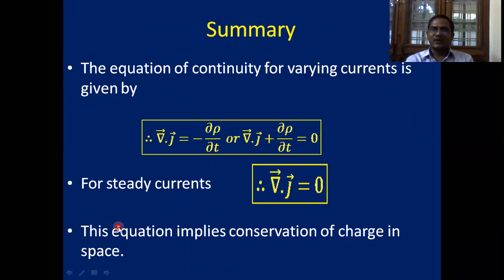This is an important equation from the entrance exam point of view. The divergence of J equals 0. If the divergence of any vector is 0, then that vector is said to be a solenoidal vector. Here, you can conclude that the current density is a solenoidal vector. This equation implies the conservation of charge in space. Right? Thank you.